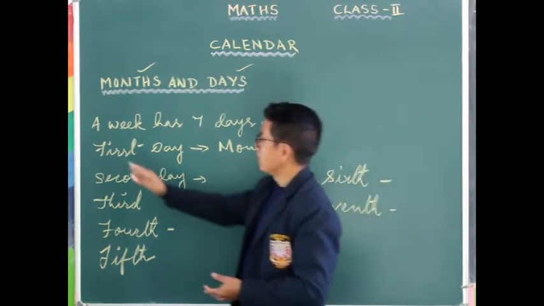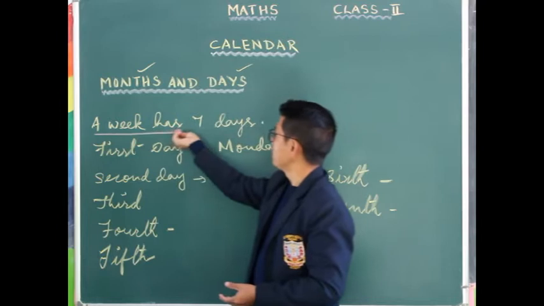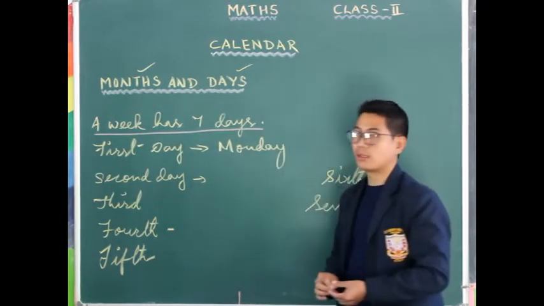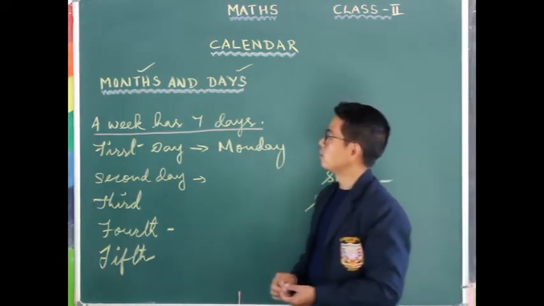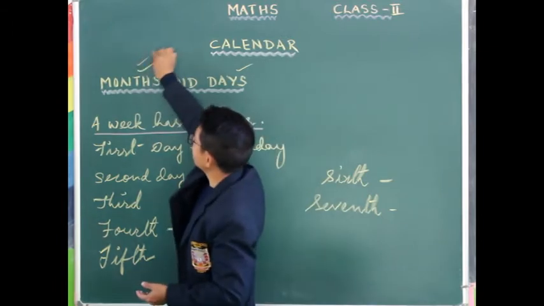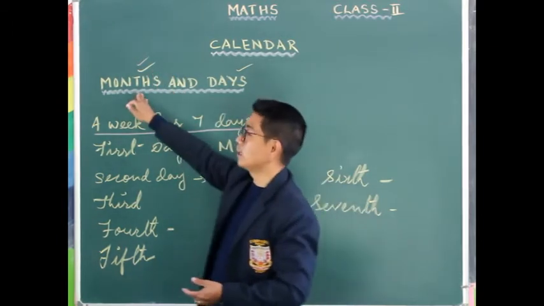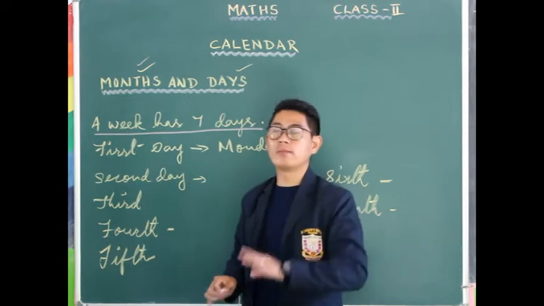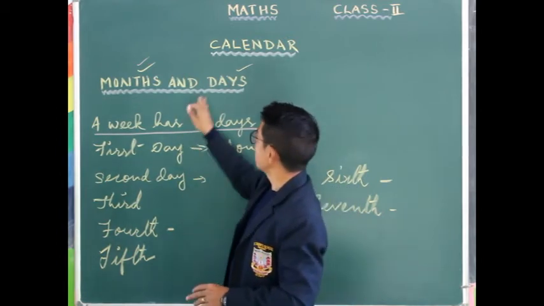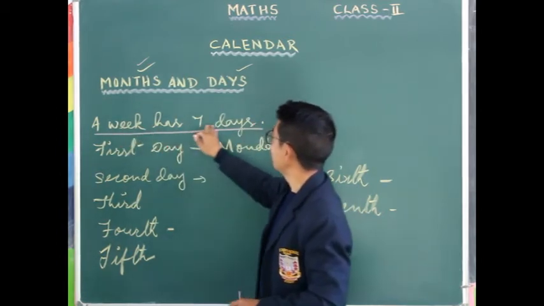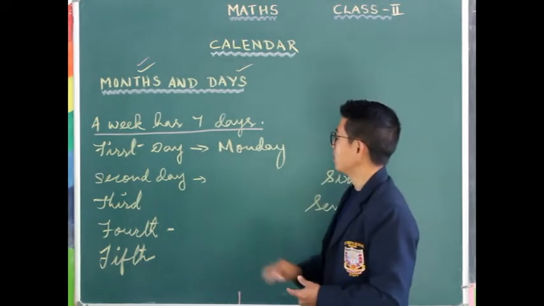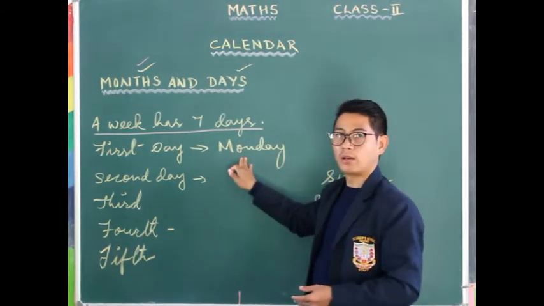I have written here, a week has 7 days. I don't think I have to recall months once again, because you know there are 12 months. So let's talk about days. A week has 7 days. First day is Monday.